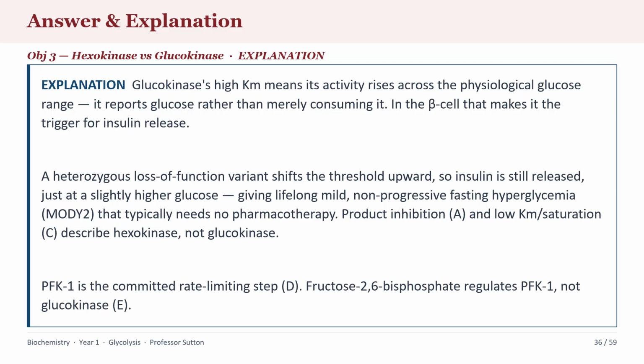Option E, requires fructose 2,6-bisphosphate as an activator, is also phosphofructokinase 1. Every wrong answer is a true statement about some other enzyme in this lecture. That is exactly how these items are built, and is why knowing which property belongs to which enzyme matters more than knowing the properties in isolation. Knowing which property belongs to which enzyme.